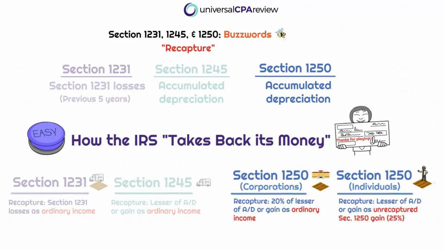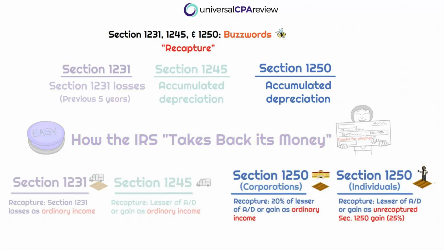So let's start by focusing on Section 1250 for corporations. Section 1250, assuming this is a corporation, will be similar to Section 1245 in that we're going to be focused on depreciation. All right, so we're focused on accumulated depreciation, but this is a little bit different from Section 1245 in that we're focused on the recapture of the portion of depreciation taken on real property that is in excess of straight line depreciation.